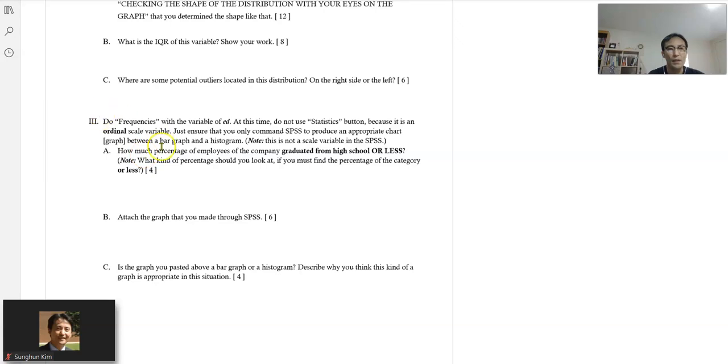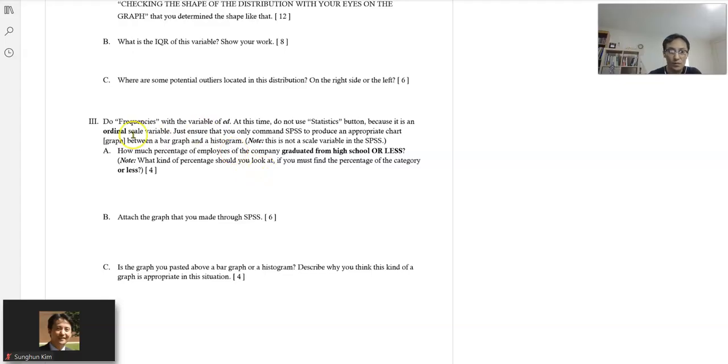Now, the last question. Do the frequency analysis for the education variable, right? We tried it in the training video, and then find the frequency distribution table and then the graph, right? Do the same thing on your own data file right now using the same idea.